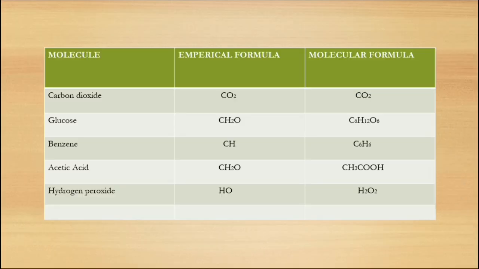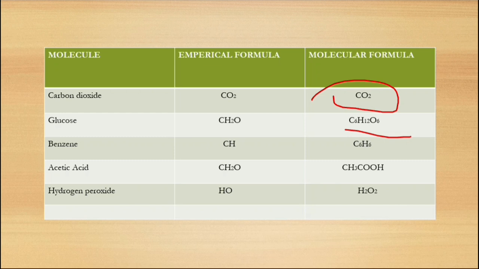These are a list of some molecules with their empirical formula and molecular formula. First, see the molecular formula of carbon dioxide, CO2, and its empirical formula is also the same. Glucose, we have discussed before how we can find the empirical formula from the molecular formula.